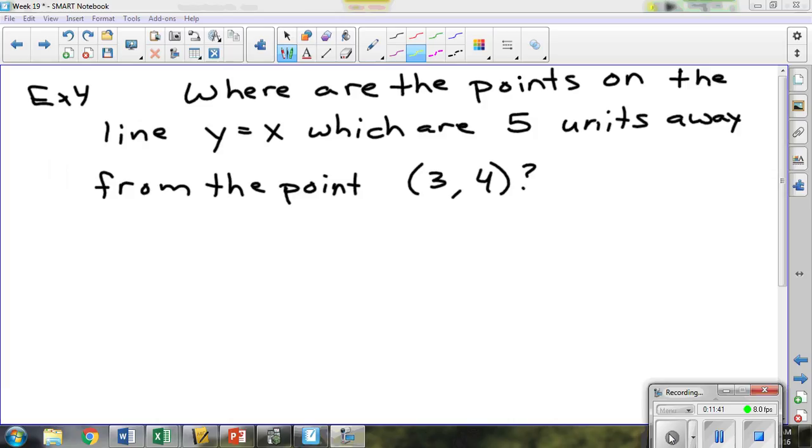All right, continuing. Where are the points on the line y equals x, which are 5 units away from the point 3, 4? In this particular problem, we need to consider a couple of things.